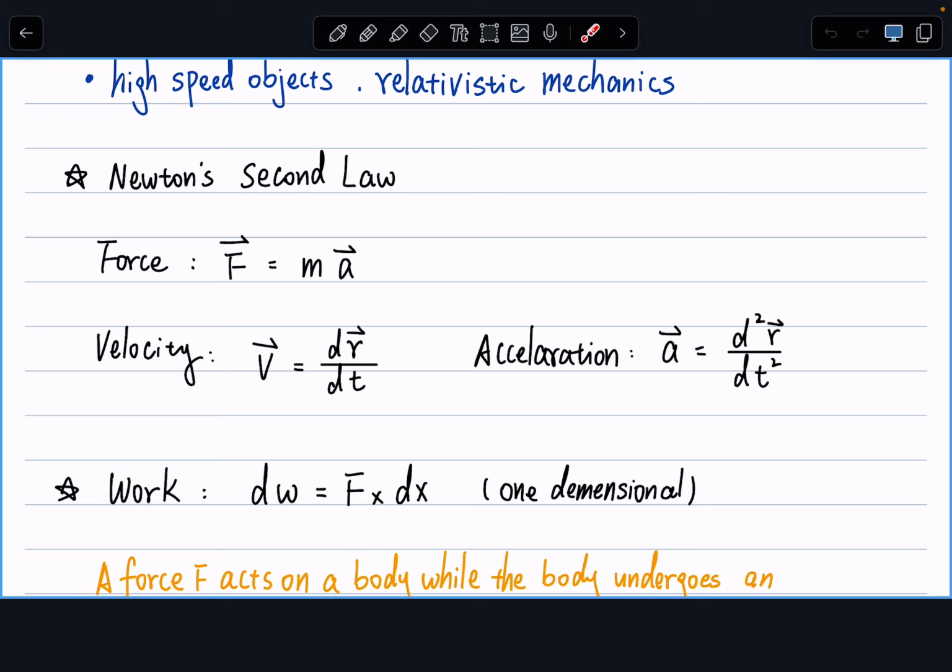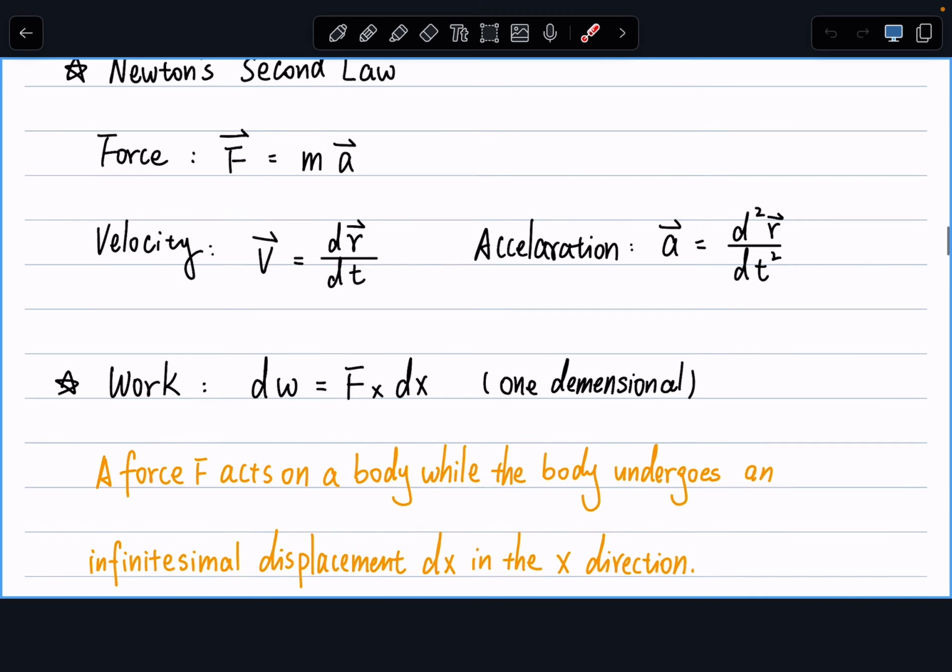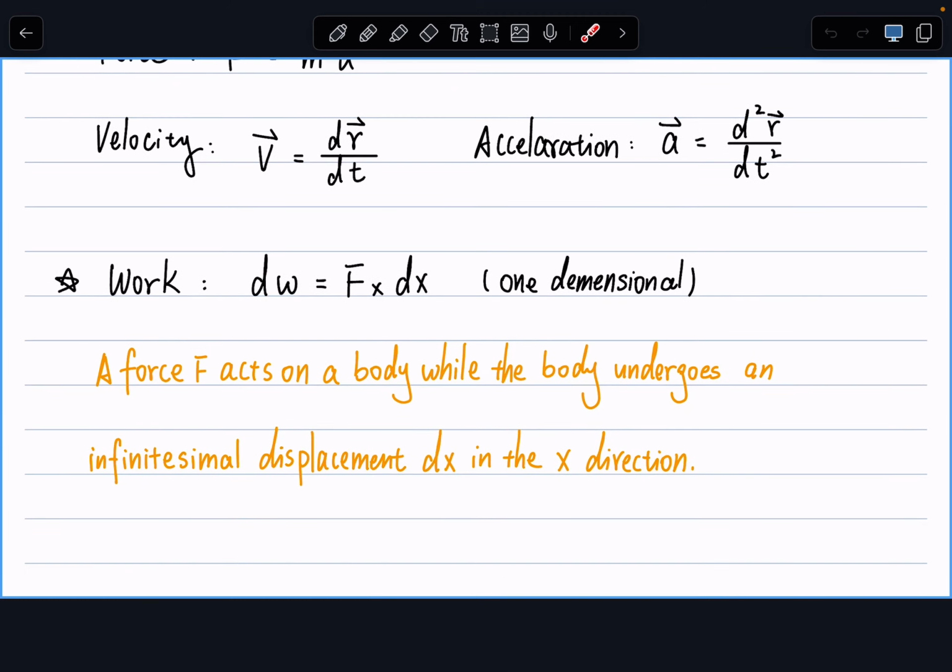And we have work. When we say work, we have the change of work, dW, equals Fx dx, so that's one-dimensional work. What it tells us is that a force acts on a body while the body undergoes an infinitesimal displacement dx in the x direction. That's the definition of work.